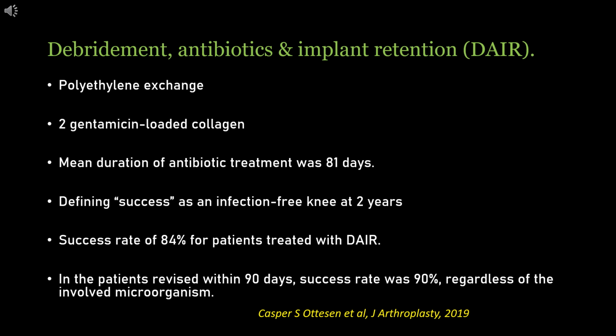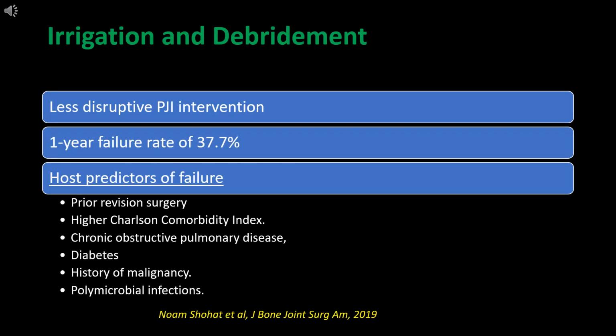Irrigation and debridement may be a less destructive periprosthetic joint infection intervention, but a retrospective study published in JBJS 2019 of 199 total joint arthroplasties found a 1-year failure rate of 37.7% after treatment of acute hematogenous joint infection with debridement and retention of the implant.